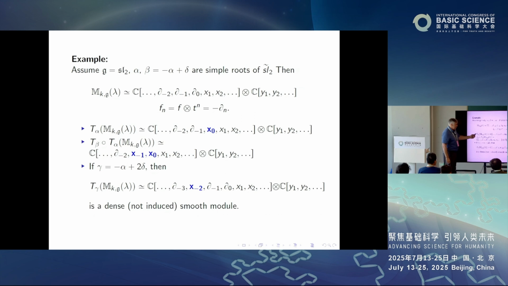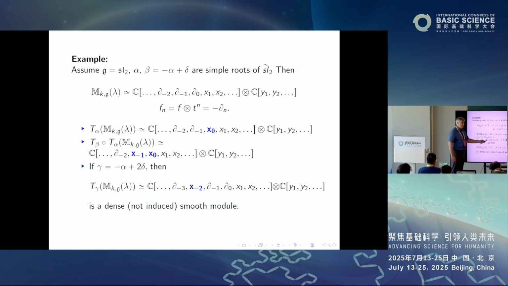Alpha is a simple root. So then the image can be realized as this space, where just delta_0 is switched with x_0. Right? So if we continue, suppose we apply T alpha and then T beta, then we get one more here, x_minus 1.